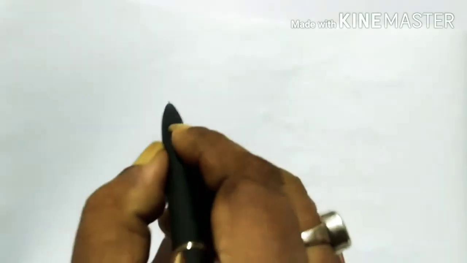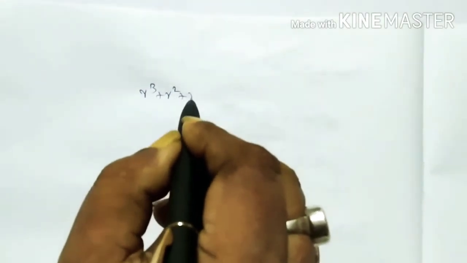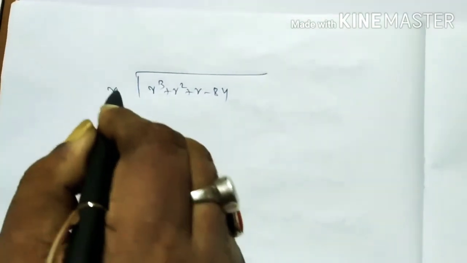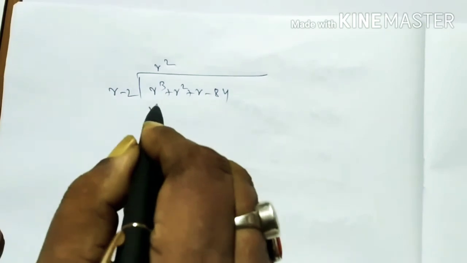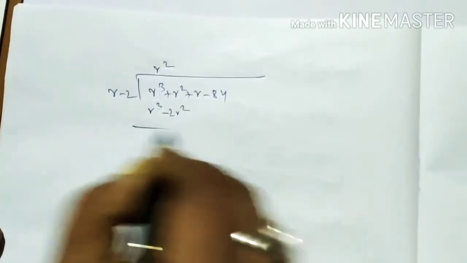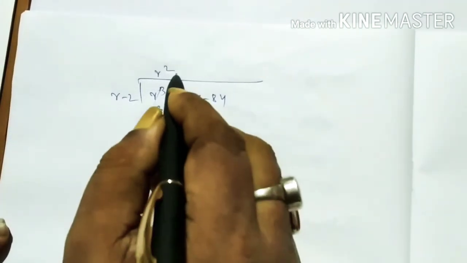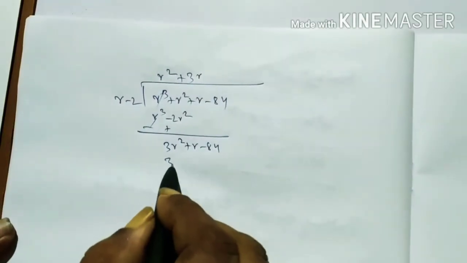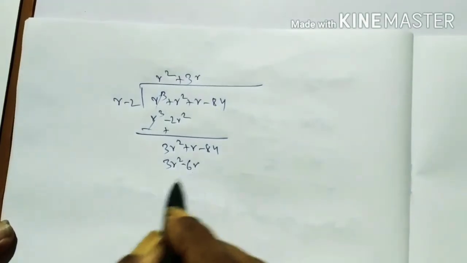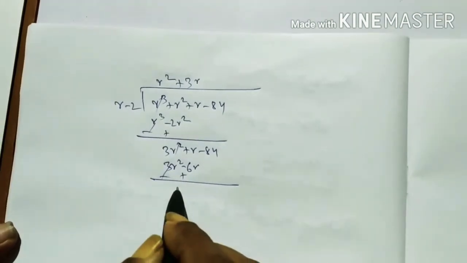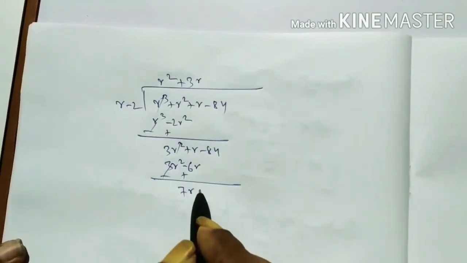Now I'm going to divide it: r cube plus r square plus r minus 84 divided by r minus 4. r square, that is r cube minus 4r square, minus plus cancels out, 5r square plus r minus 84, plus 5r, that is 5r square minus 20r. So minus plus, this cancels out. Why is there a mistake here?